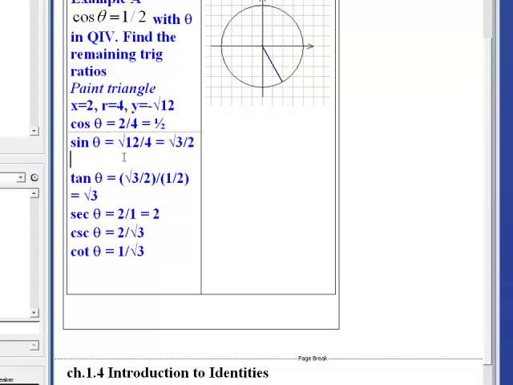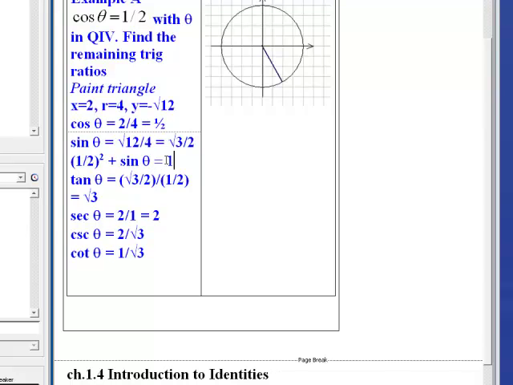And I have to amend myself. Actually, what we're supposed to do here is use the Pythagorean identity, as it lists, that we would have 1/2 squared plus sine squared theta equals 1.